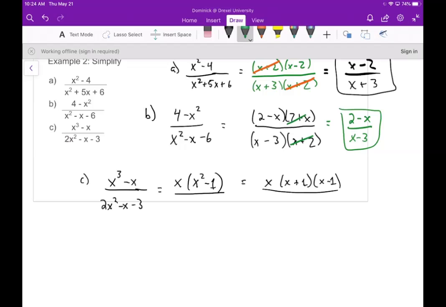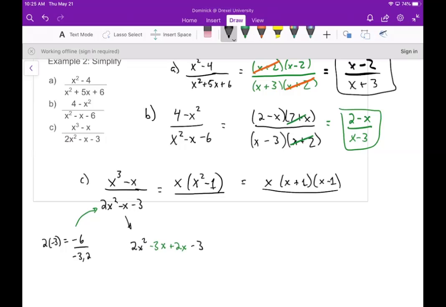Now this quadratic right here, we need to factor using our a times c method. If I look at a times c, I have 2 times negative 3, which is negative 6. Two numbers that multiply to negative 6 and add to negative 1 would be negative 3 and positive 2. So I want to think of this now as 2x squared minus 3x plus 2x, and minus 3.